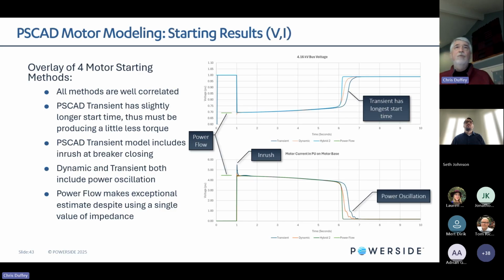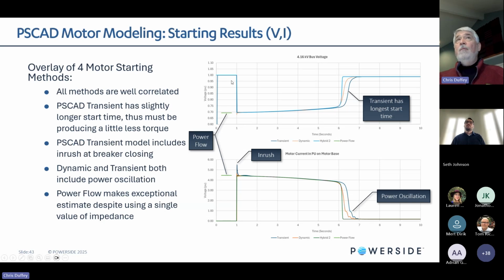So here's some comparative results. What we're comparing here is the full transient model in PSCAD, a dynamic model, the hybrid 2 model, and a power flow case. Hybrid 2 and hybrid 1, by the way, will produce pretty much exactly the same result. So what do we see? Wow. Actually, things are really well correlated.